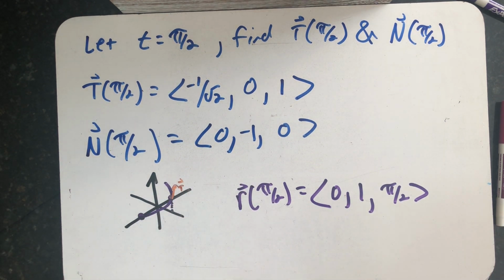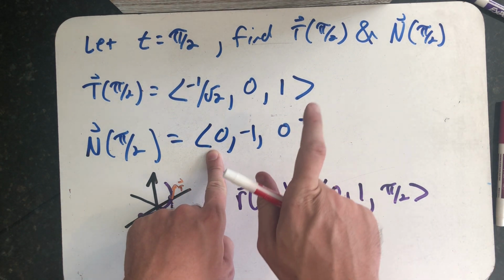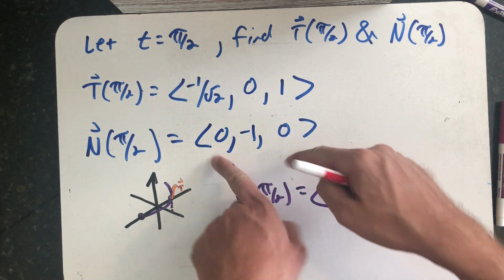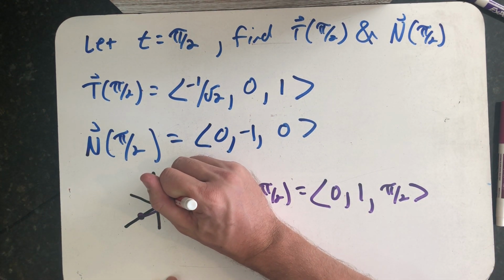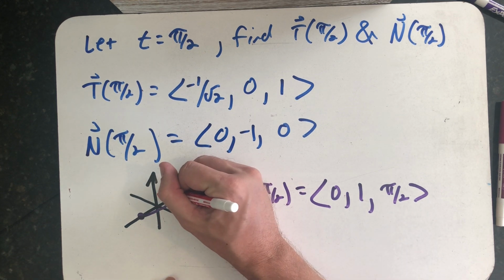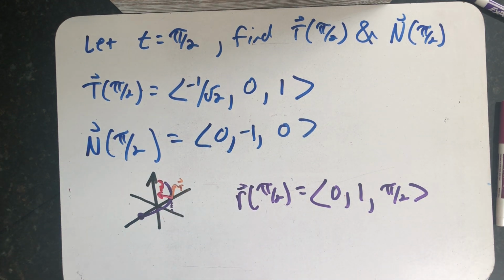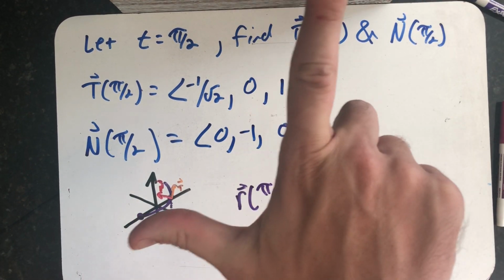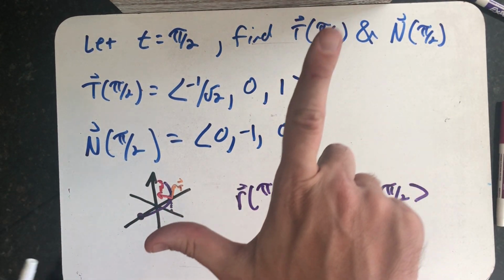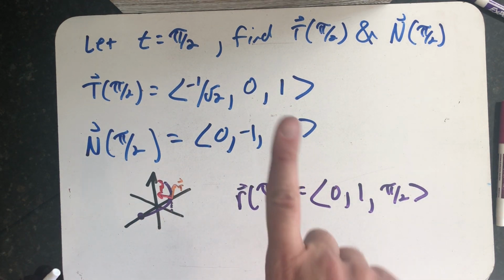Okay, now look at the normal vector, and let's imagine drawing it from that point. I do nothing in the x direction, I do nothing in the z direction, but in the y direction I go in the negative direction 1 unit. So there's big N. At that point, I have a direction of motion going this way and a normal vector saying, hey, my helix is curving that way.